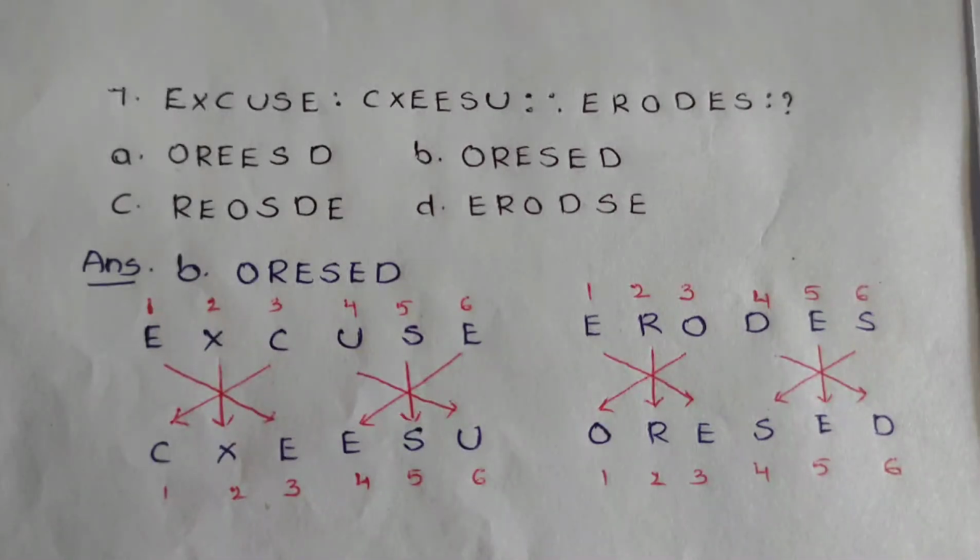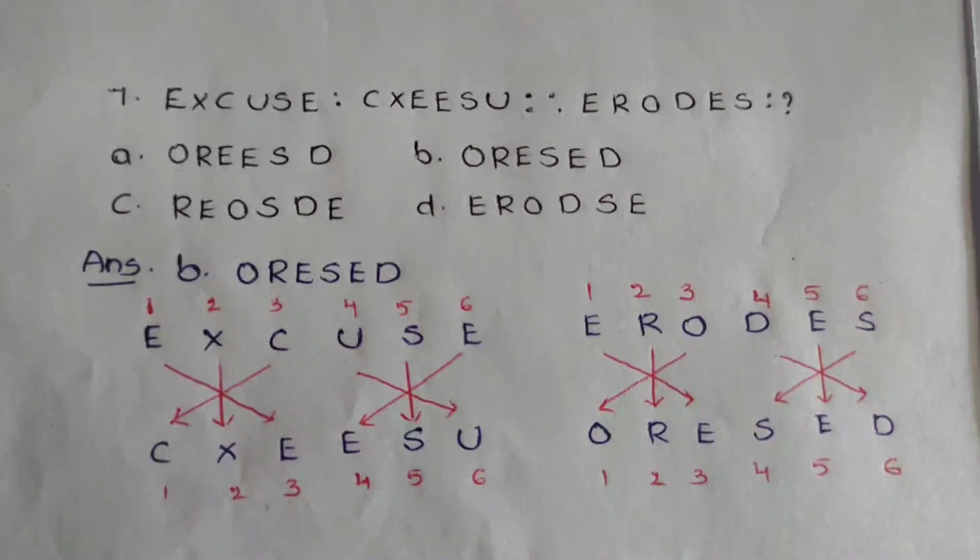In the first pair, the letter in the first place is written in the third place in the answer, and the letter in the second place is copied down, and the letter in the third place is written in the first place. That is, the first place and third place are interchanged.